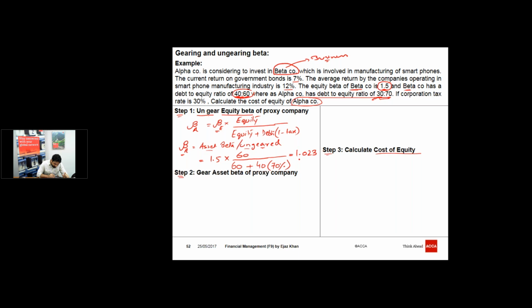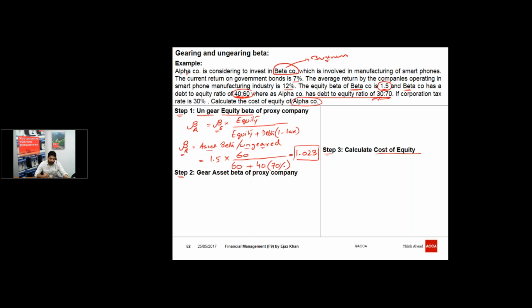Now, since Alpha Company is investing in Beta Company, its business risk will be the same as that of Beta Company. So this risk factor will be applicable in case of Alpha Company. But since this does not have any financial risk and Alpha Company is a geared company and it has financial risk, we have to incorporate the financial risk of Alpha Company.